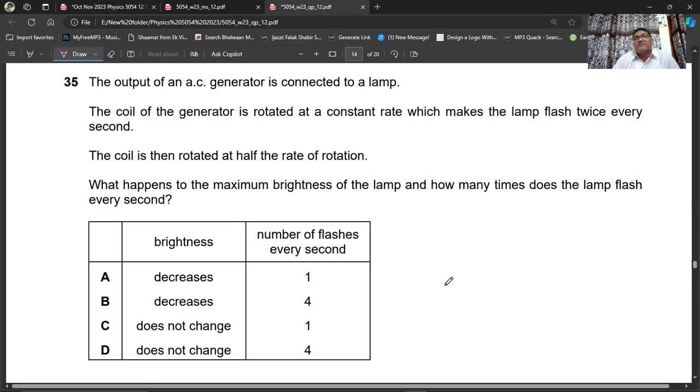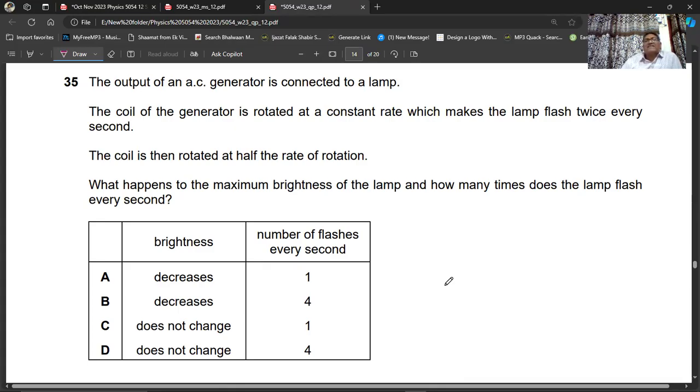Another thing will happen because now the coil is rotating slowly. So the AC current, its wave, its one cycle will be completed in a longer time. So now the lamp will flash less in 1 second.